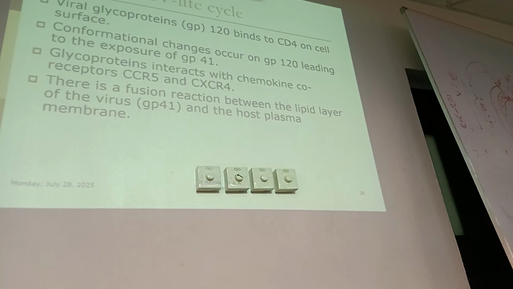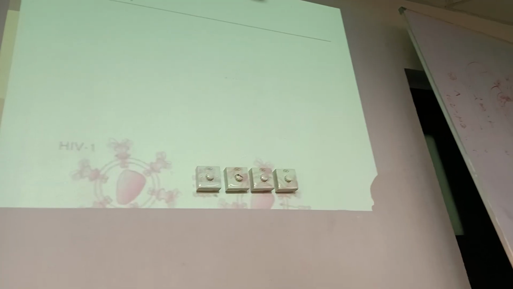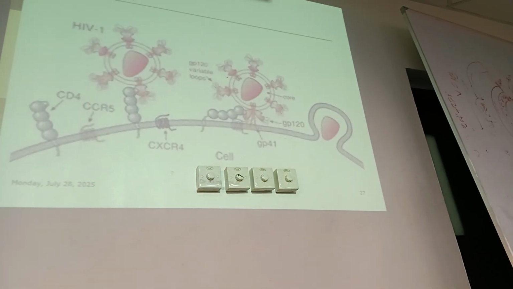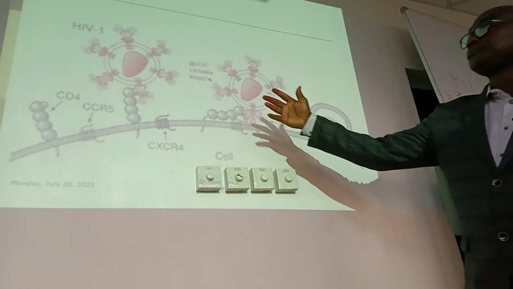So glycoprotein 41 binds to the CD4, and then through the co-receptors CCR5 and CXCR4 it penetrates the cell. It cannot penetrate without those glycoproteins. You can see the diagram.